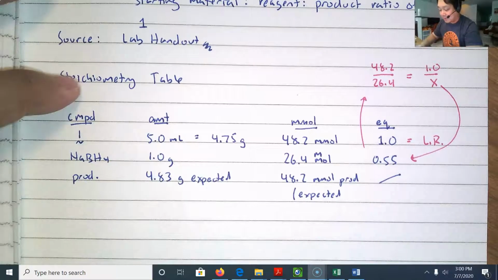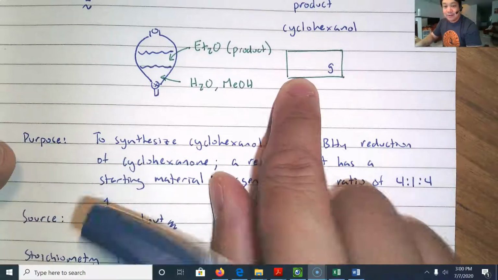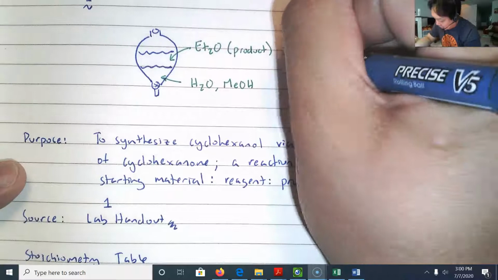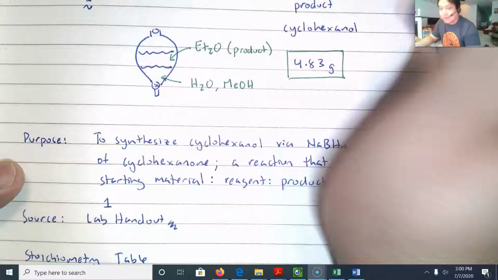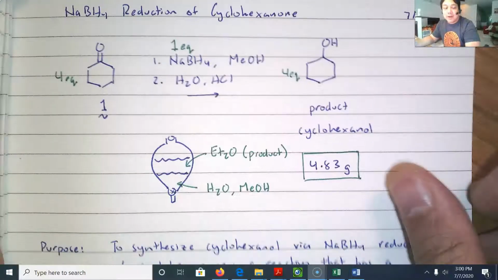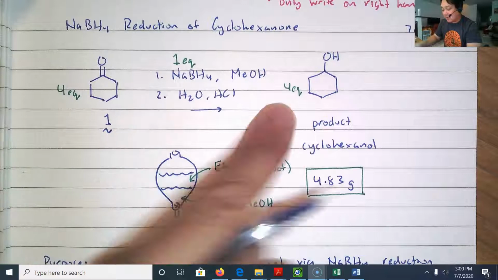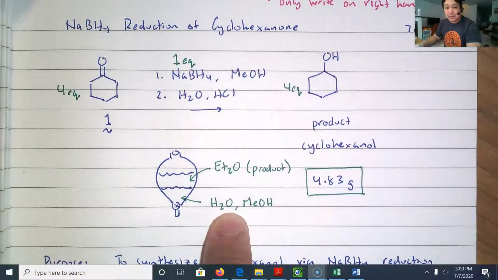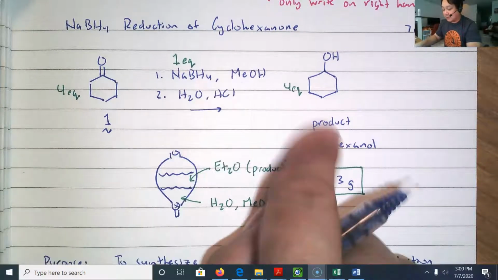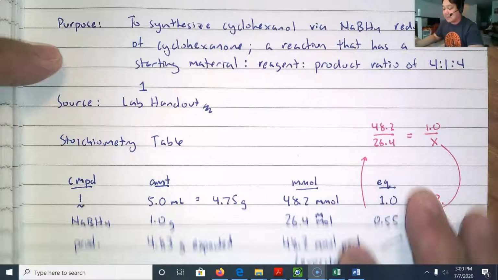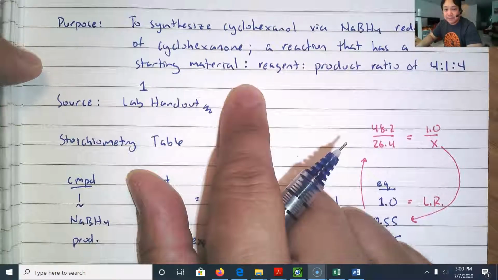Do you remember what we need to do with this? Up here. 4.83. Okay? Think about what I am looking for in lab 2. In lab 2, you are going to run a reaction and look at what I am expecting for lab 2 in terms of your cartoon. Look at what is expected for the purpose.